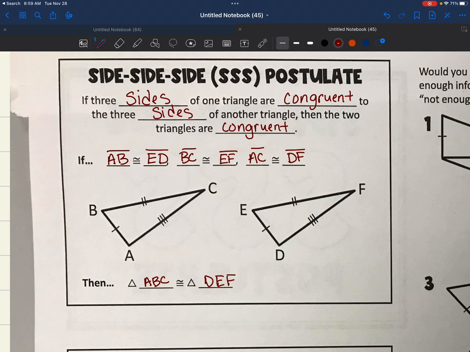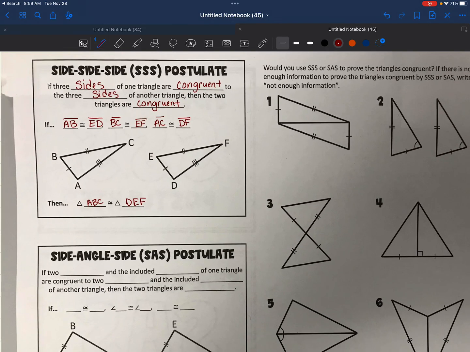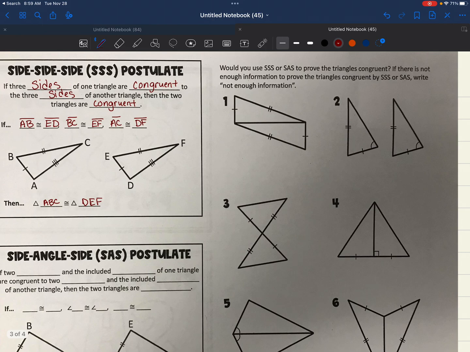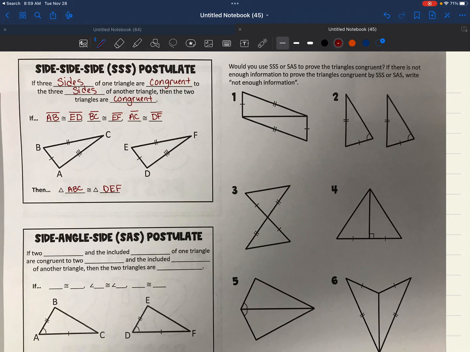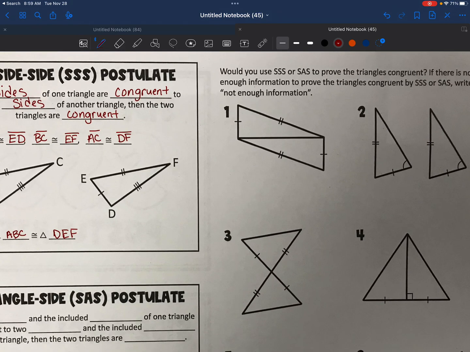Okay, while we're talking about side, side, side, we're going to go over to the part on the right and just see if we can identify any that fall under that same postulate, that have three sides congruent to another. Now, one thing I'm going to remind you of, which we talked about right before break, what do I know about a shared side?